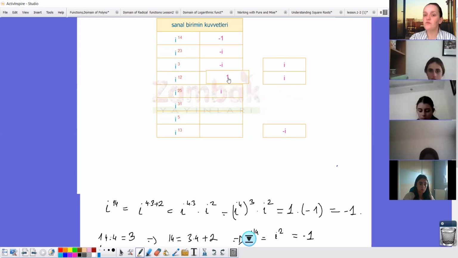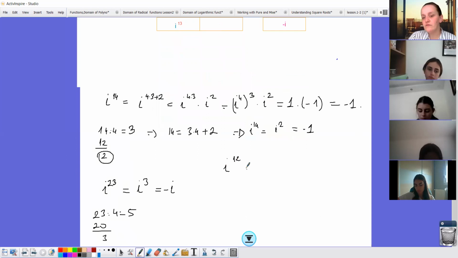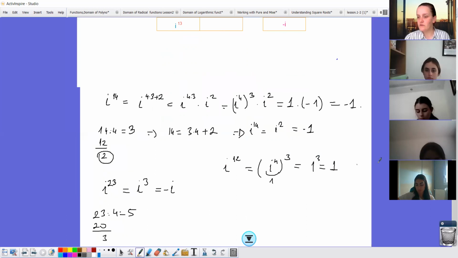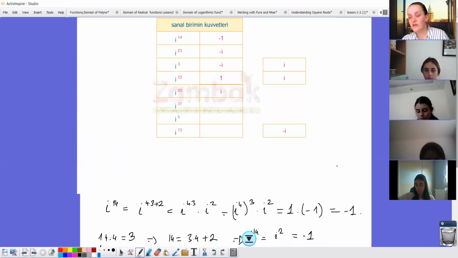Yes, it will be 1, because i to the power of 12 is the same as (i to the power of 4) cubed. Because this one is 1, 1 cubed is 1. But you can also think that when you divide 12 by 4, it's divisible, there is no remainder, so it is 1 directly.